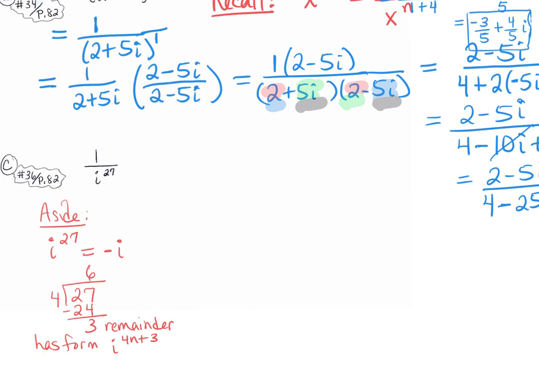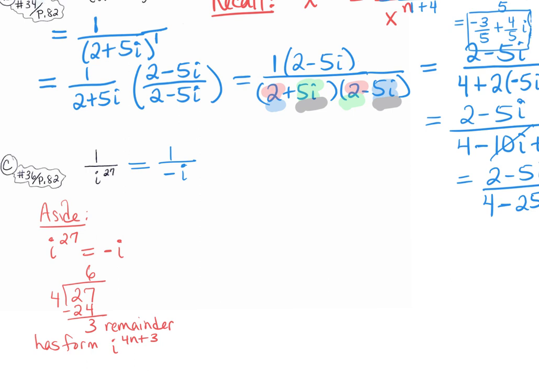That's helpful for us because whenever we want to simplify 1 over i to the 27th, we know that's the same thing as 1 over negative i. And because that's 1 over negative i, we now know what to multiply by. We multiply by its complex conjugate, which is just what? i. Very good.